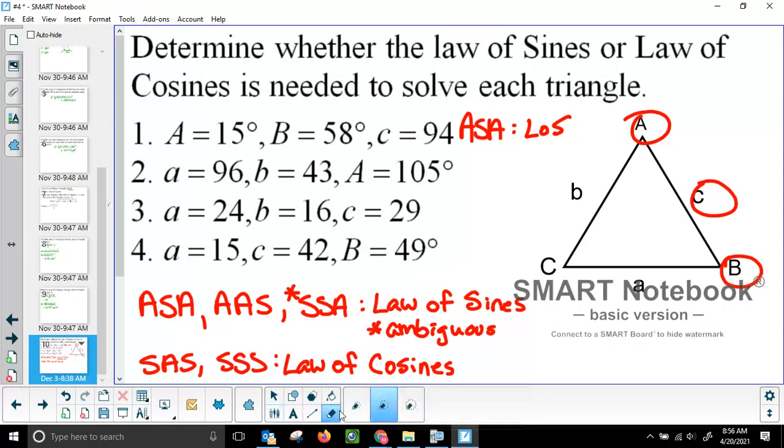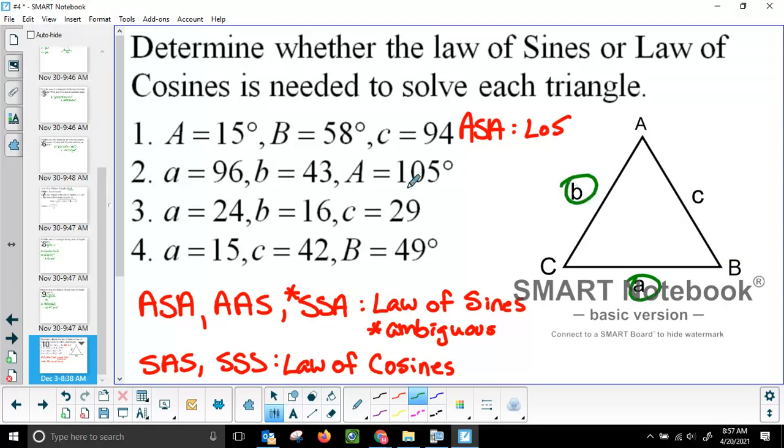Now, just like I said, we can take our eraser and erase what we just did, which again is why I recommend you do that in pen. Then for number 2, I'm given side A, side B, and angle A. So this is angle, side, side, or you can think of it as side, side, angle.